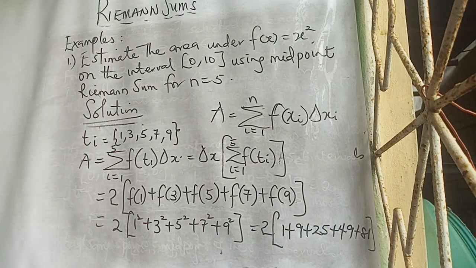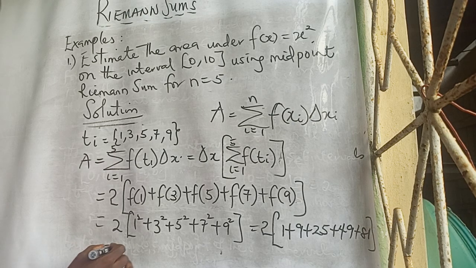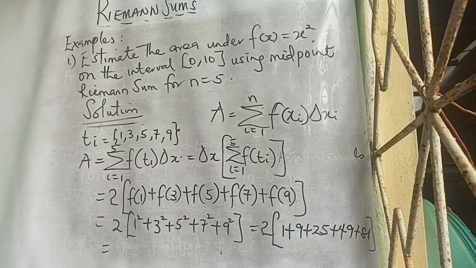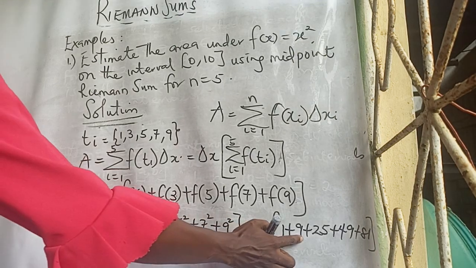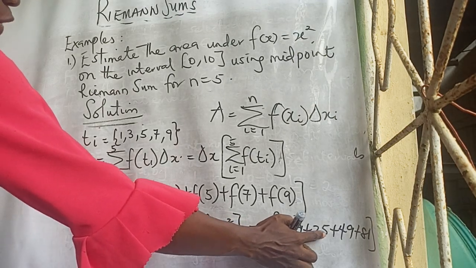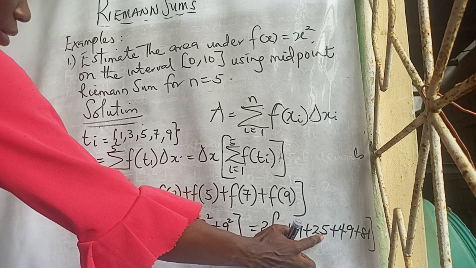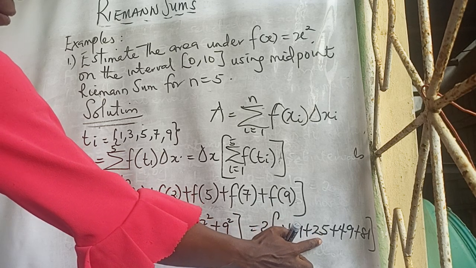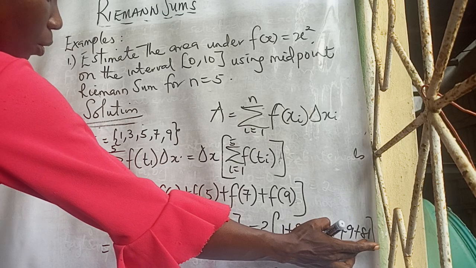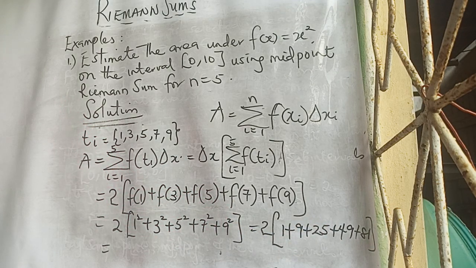By the time we solve that all, we arrive at the area under the curve. 1 plus 9, that's 10. 10 plus 25, that's 35. 35, 49 plus 81, that's 130. 130 plus 35, that's 165.